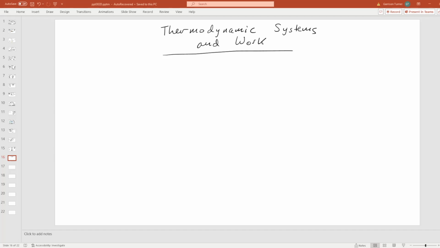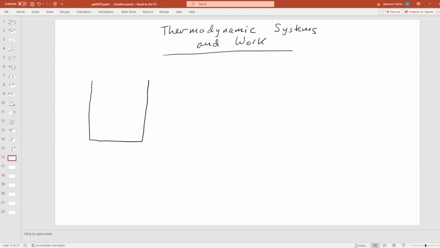Now we address the issues of thermodynamic systems and work. To start, we define a thermodynamic system as any quantity or system where we have thermodynamic quantities or properties of interest.